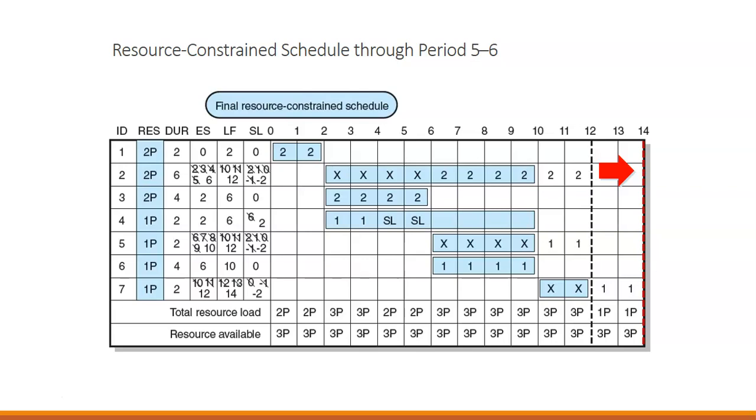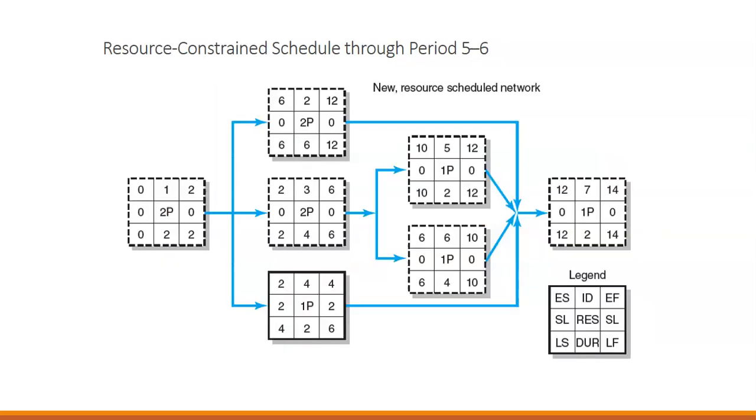So instead of starting it at week 2 and running it concurrently with 2, 3, and 4, we're waiting until 3 is finished so that we can start working on 2 because of our constrained resource. We're also going to end up adding 2 more weeks to this project because of those resource constraints, which gives us a new resource scheduled network.